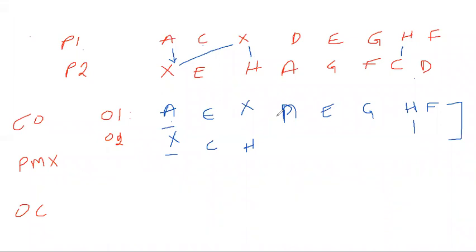A has already been exchanged, so I cannot exchange, so I will retain B, I will retain A, and exchange. So I'm left with two elements. So I'll start reversing which element is missing.